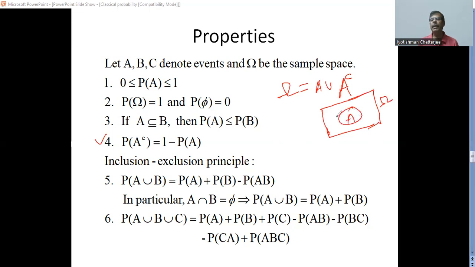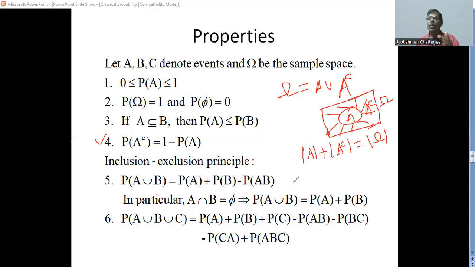This is A, and outside is A complement. This part is A complement. So A union A complement is equal to omega. Not only that, if you add the number of elements, then number of elements in A plus number of elements in A complement will be same as the total number of elements. Okay?